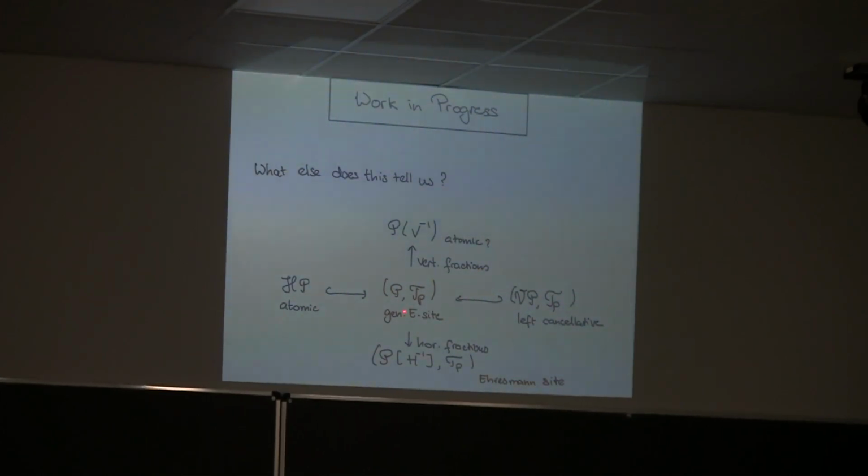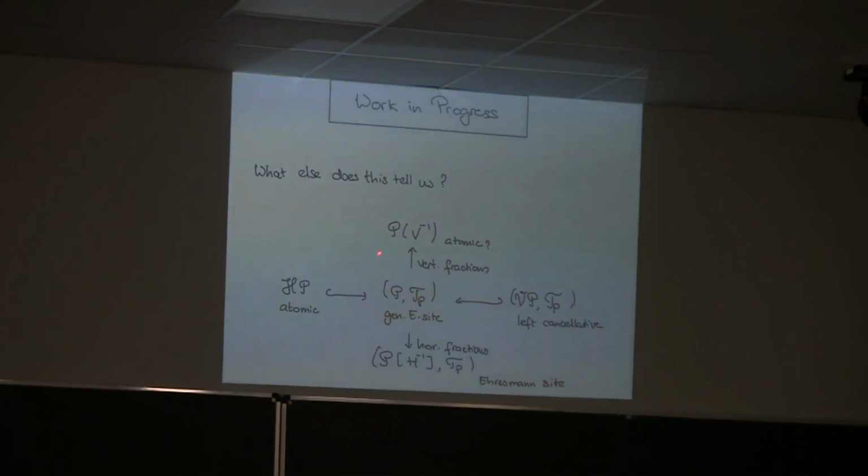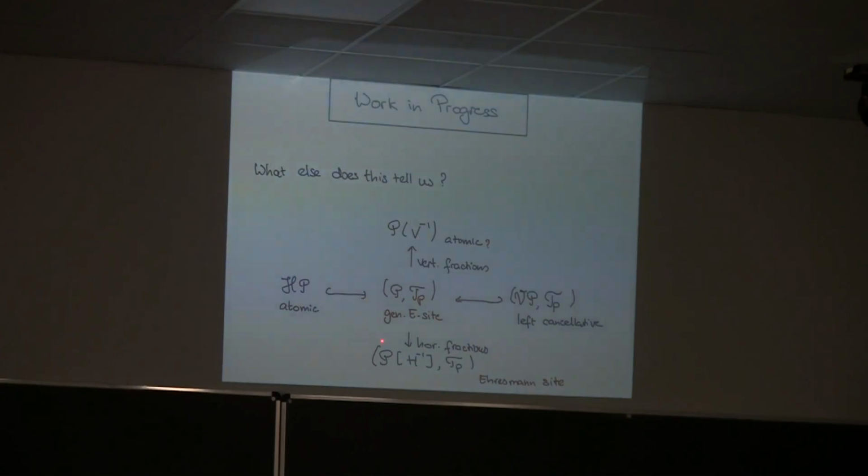I can also take fractions, and I get another atomic site and another Ehresmann site. So we have another atomic site, and the question is, what does this exactly mean?